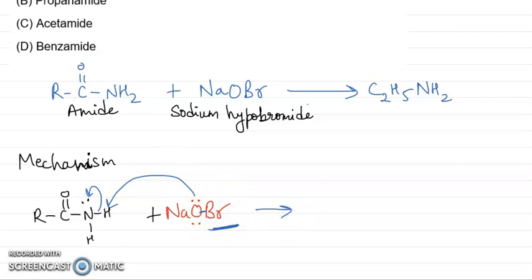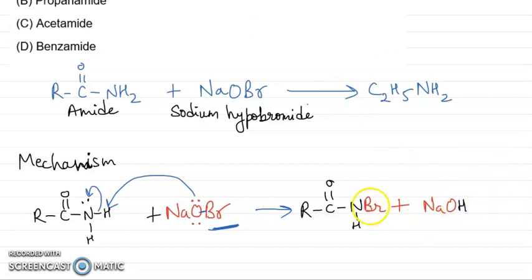So, the product for this step would be RCONHBr. This Br has come from NaOBr, and the NaO and the hydrogen has come from the amide.